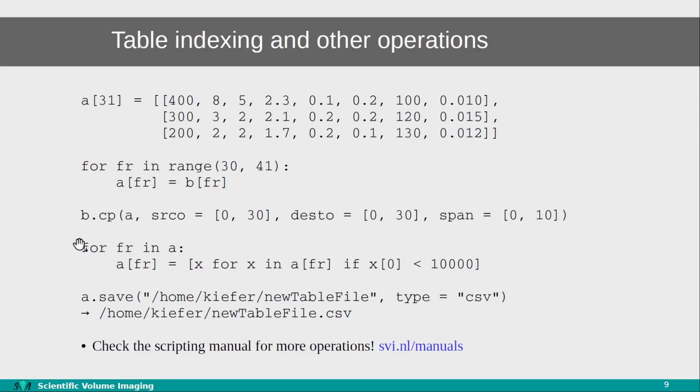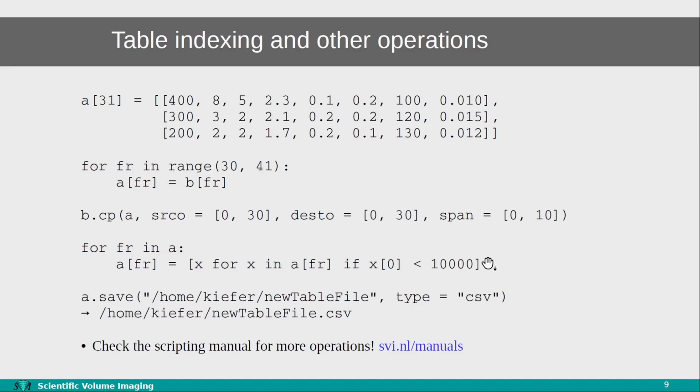So here in this example, we can see a simple filter operation where we can say for each frame in localization table A, we can set all the localizations for this frame equal to the localizations in this frame for which the intensity, which is the first element of each localization, is smaller than 10,000.